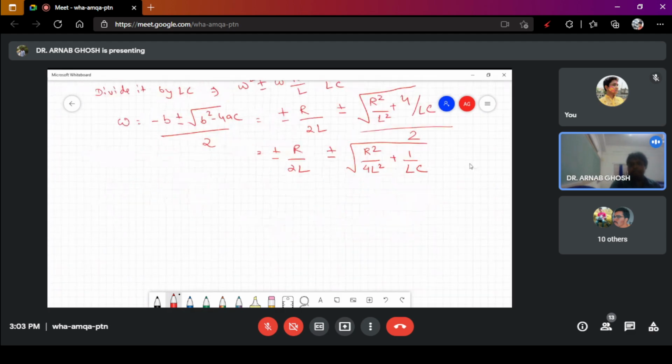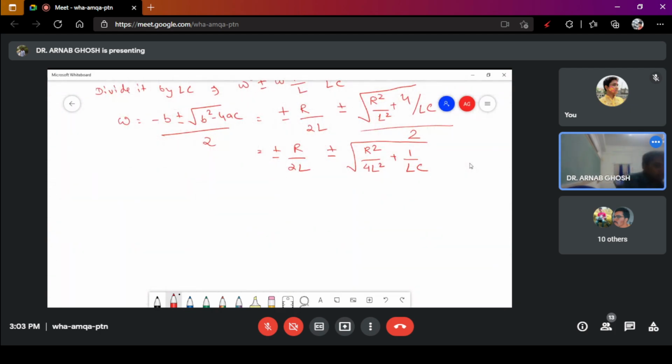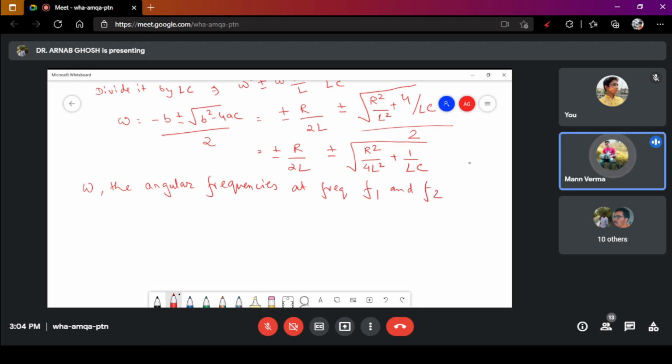Is this okay? So you see omega, that means the angular frequency at frequency F1. Sir, that would be R by 4L or R by 2L? Which one?